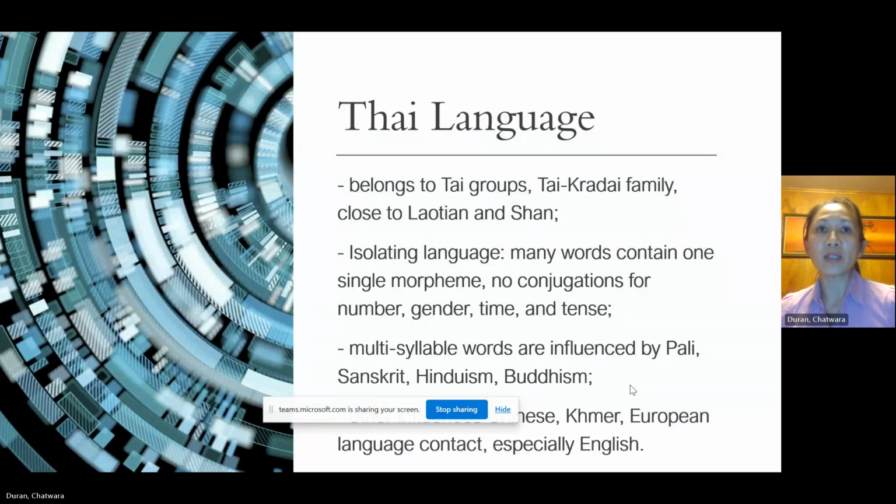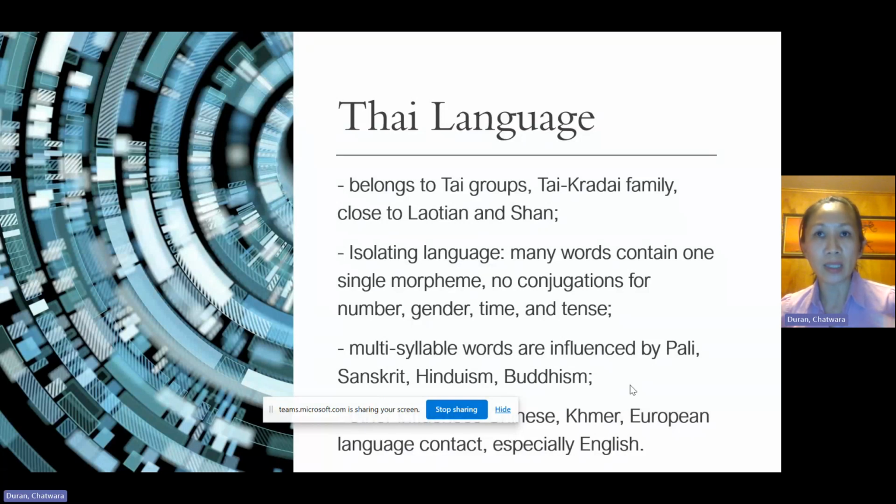Morpheme means the shortest meaningful unit of a language. So in English, for example, the word ant. One short word, and it's also a morpheme, because you would not cut ant and tear it apart.